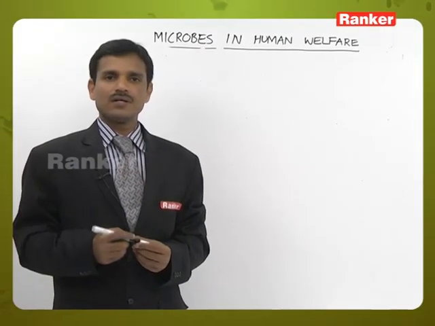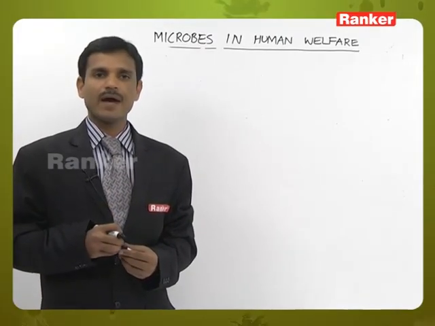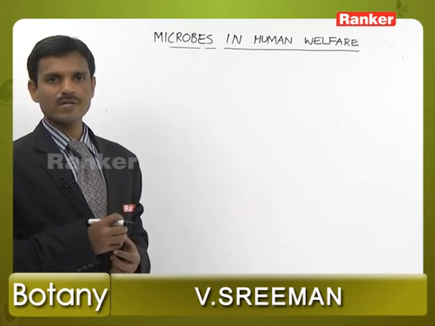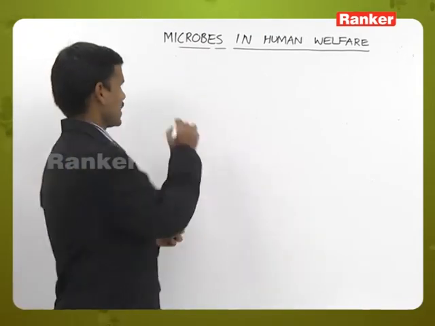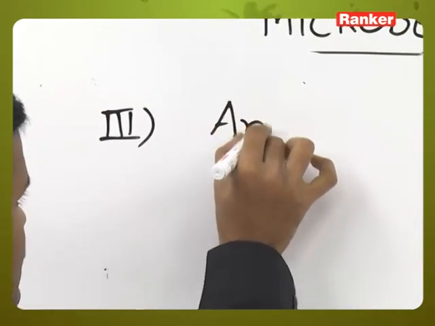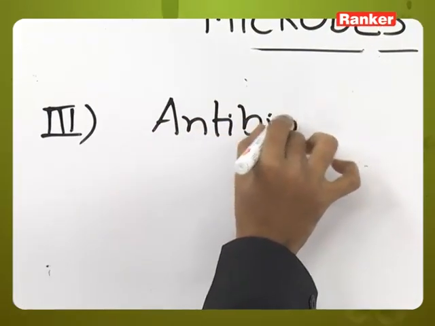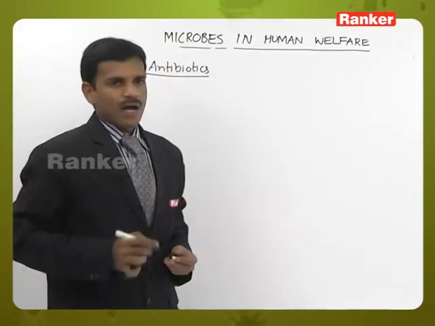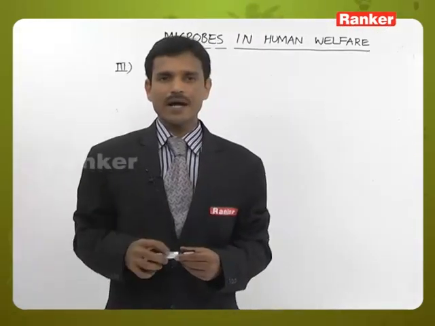Next products are antibiotics. The antibiotics are produced by different bacteria and fungal members. Antibiotics. What is an antibiotic?